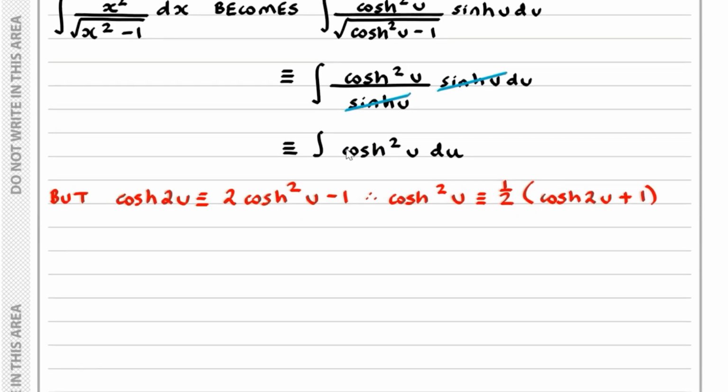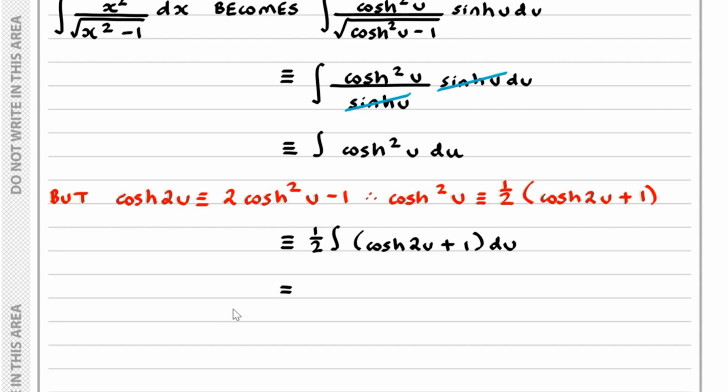And so this integral here is, well, if I take the 1/2 out, we've got 1/2 lots of the integral of hyperbolic cosine of 2u plus 1 du.